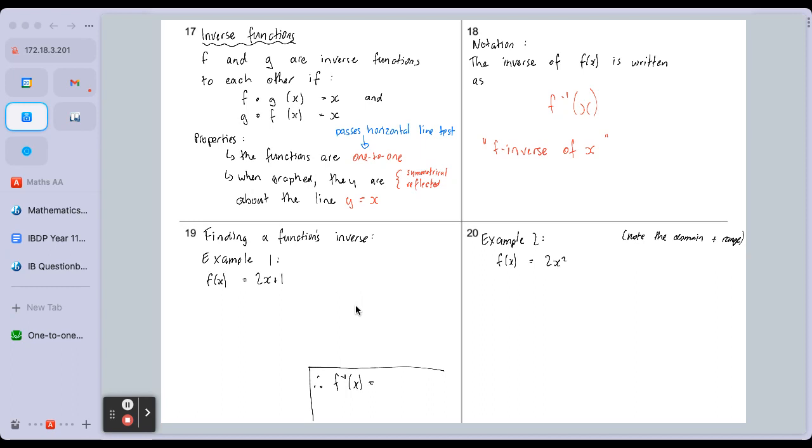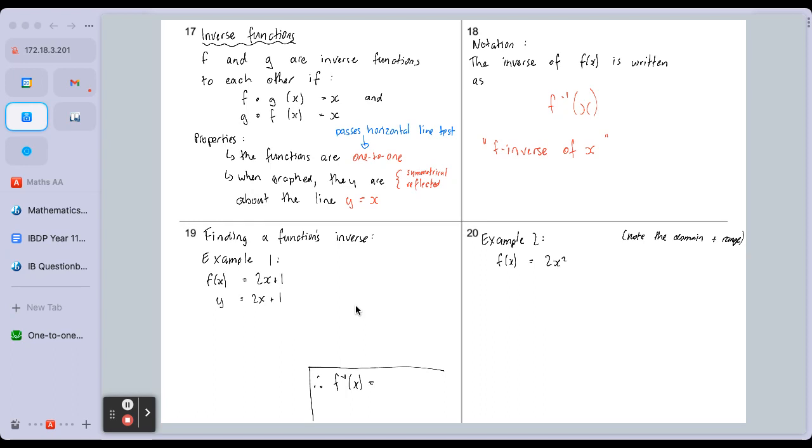So example 1 here is f of x equals 2x plus 1. What I'm going to do first of all is write this with a y instead of an f of x. So now, instead of talking about the function, I'm talking about the coordinate y, which is given by multiplying the x coordinate by 2 and adding 1 to it.